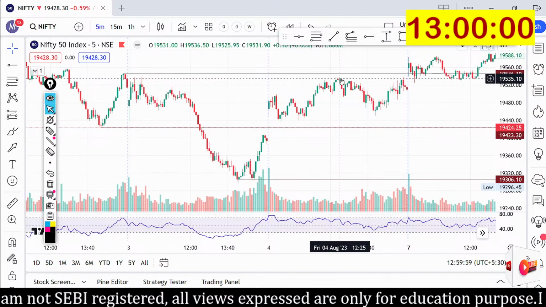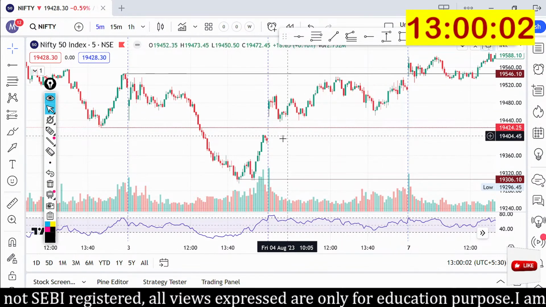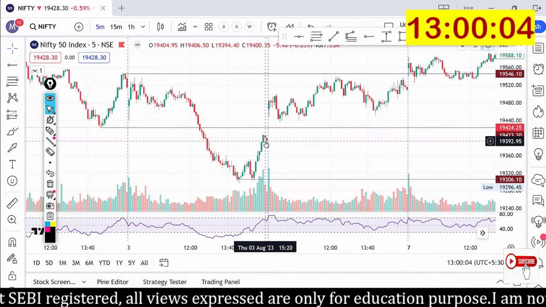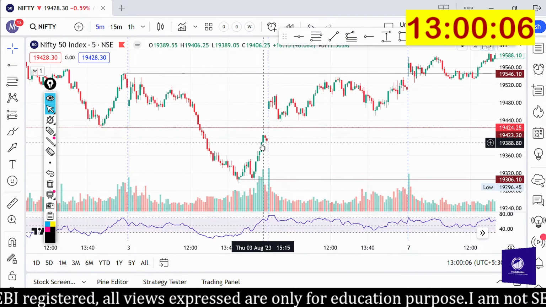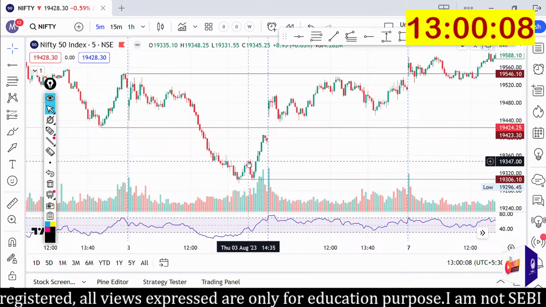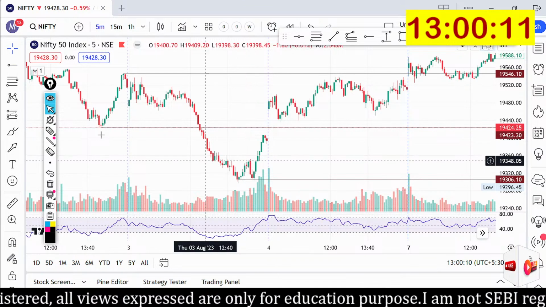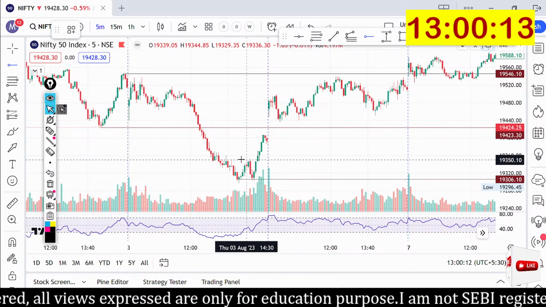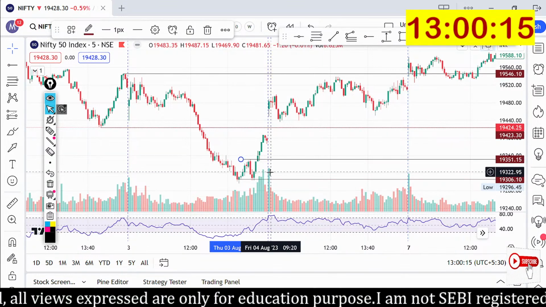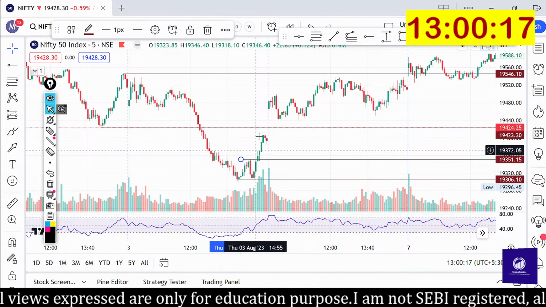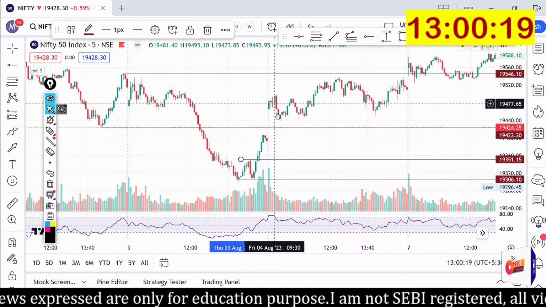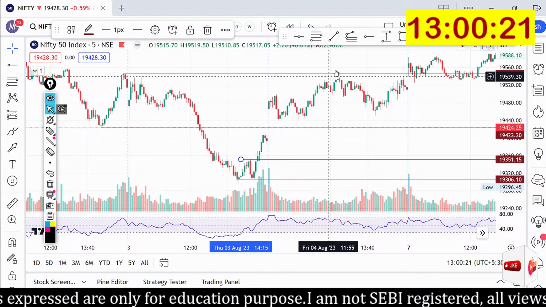it has gone up again. Now what it has done here, number one, it had formed one small swing here. This was a swing. This swing was broken. Now in this particular place, the market tried to continue that trend.